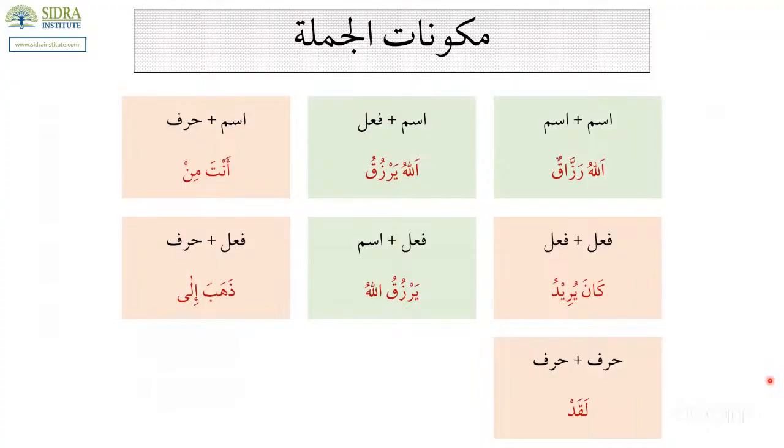So when we come across this phrase in the Quran, وَلَقَدْ جَاءَكُمْ مُوسَى بِالْبَيِّنَاتِ, most undoubtedly Musa alayhi salam brought to you clear proofs. So when we see this sentence structure laqad, what that normally suggests is the lam is jawab of the qasam which is hidden. So in other words, Wallahi laqad ja'akum Musa bil bayyinat.